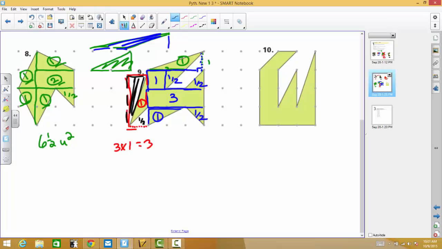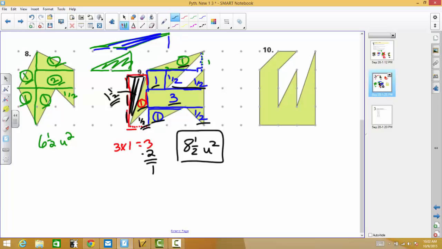So a 3 by 1 is 1.5. So 1.5 plus 1/2 is 2. So do you see how you're left with 1 again? So the total area for number 9 is 1, 2, 3, 4, 5, 6, 7, 8.5 units squared, because area is always units squared.